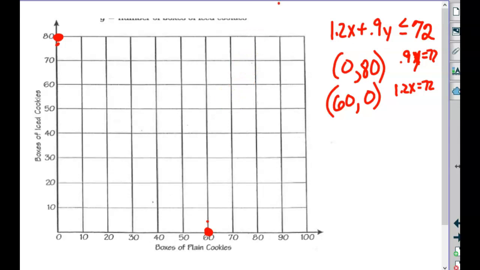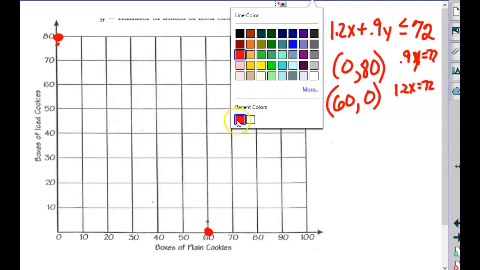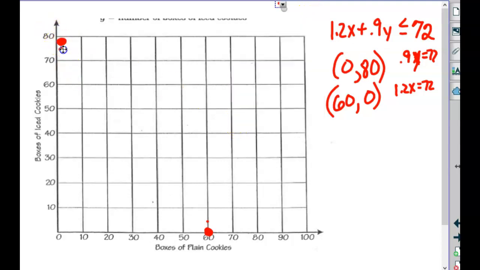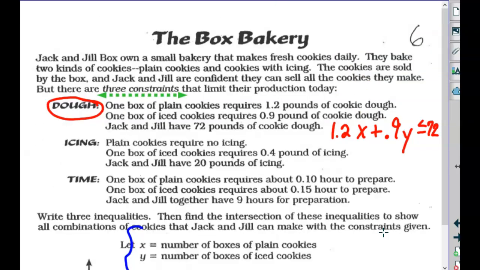And that is going to be our red line. What happened? I want a line. Okay. I'm just going to use black for now. Okay, that is my line for cookie dough.